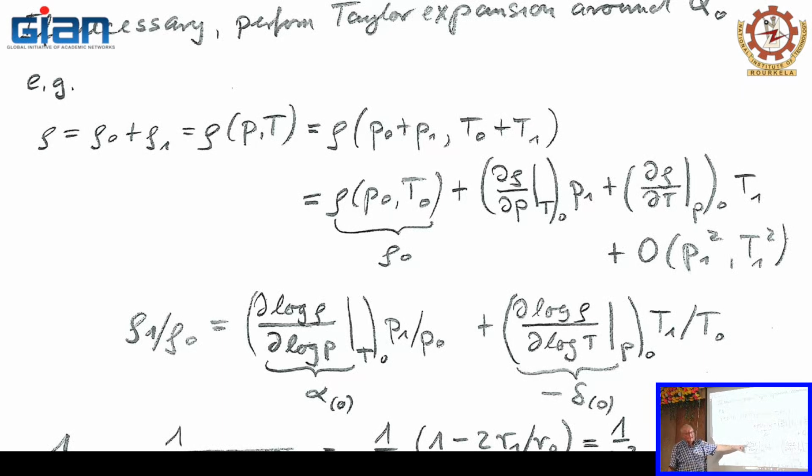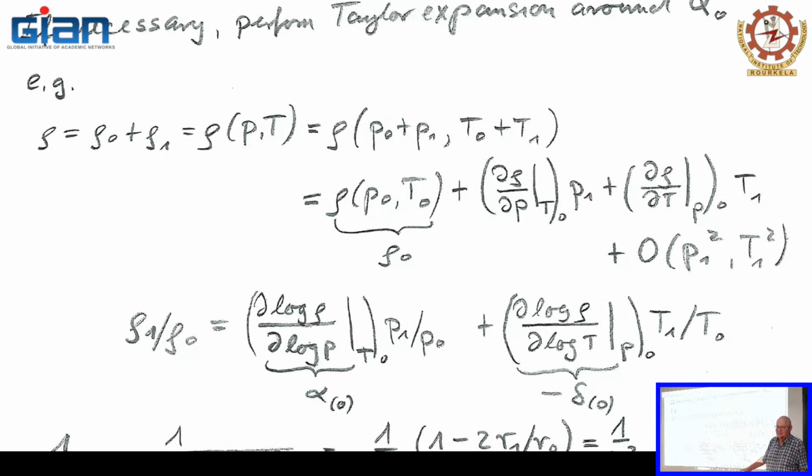Then this is our famous, well-known quantity d log rho by d log P for the stationary value, so with index 0, because this is already first order. In the same way, this is our coefficient delta taken at the background model, or at the stationary model. That means with index 0, because it's clear that we have to have the index 0 here.